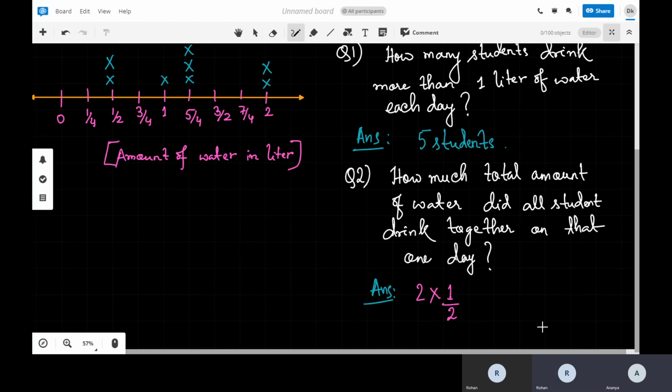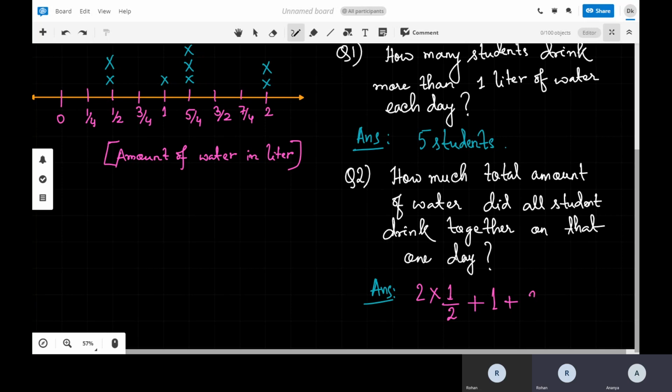Okay. So 2 times 1/2 is the first number set, right? Next, plus. What do we see? We see that there's one kid who drinks 1 liter per day, right? So what do we have? Plus 1, correct? Next, what do we see? We see that there are 3 kids who drink 5/4 liter of water, right?